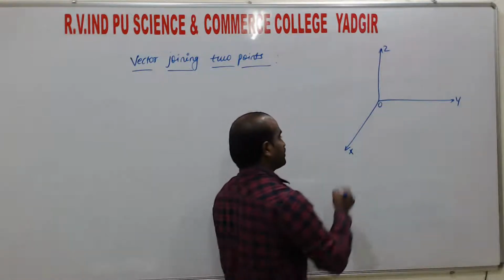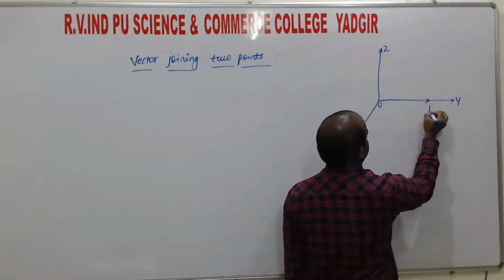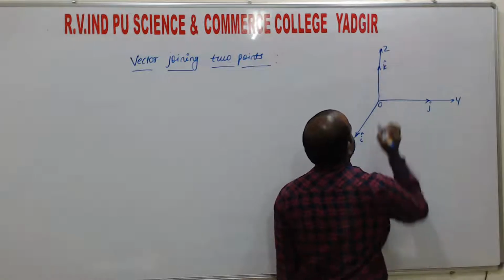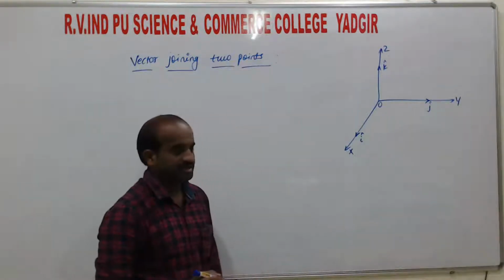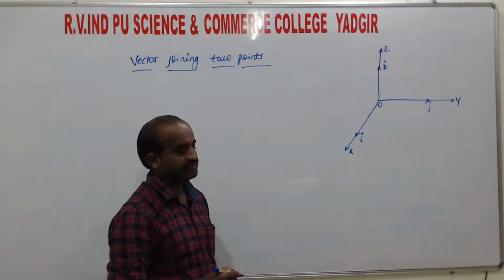The unit vectors i, j, k are the unit vectors along the x-axis, y-axis, and z-axis.